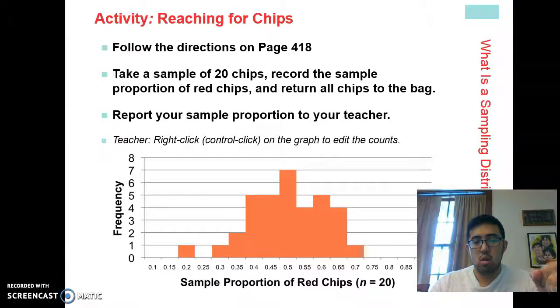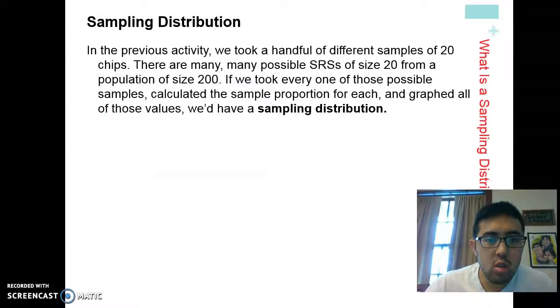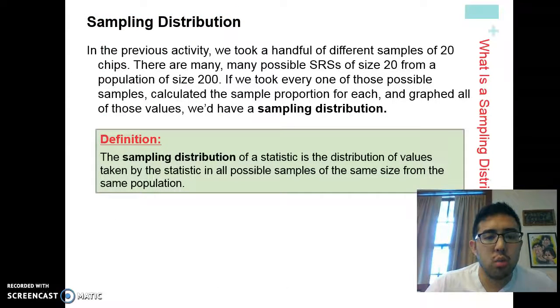My true sampling distribution is going to have all the possible samples that you could collect from a population containing half red and half blue chips, or in this case, the cards that I'm using. Hopefully I can illustrate what this is.